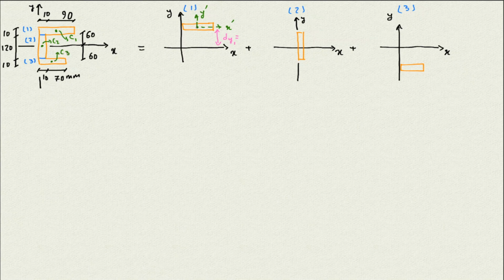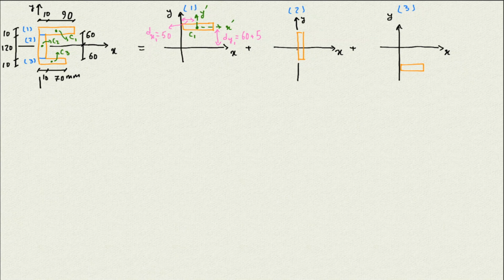So C1 is 60 plus half of that, which is 5, so it's 60 plus 5. This is the distance to the x-axis, which is dy1, and the distance from here to the y-axis, dx1, is half of this total distance, which is going to be 50.